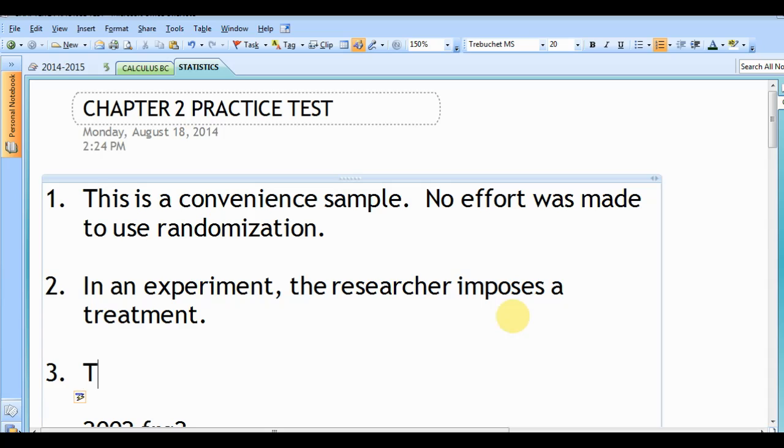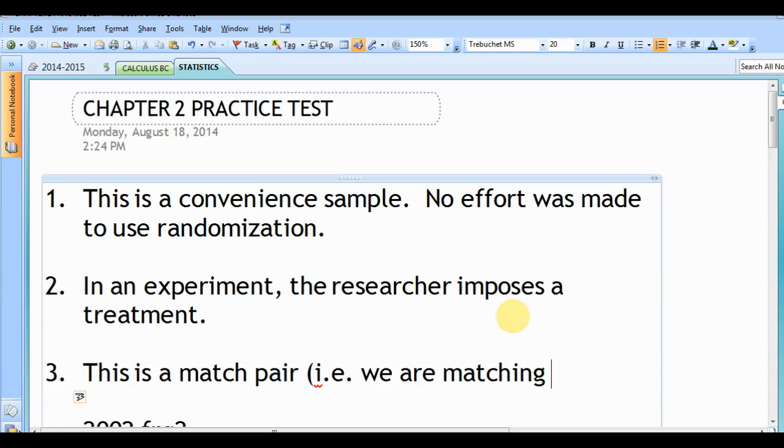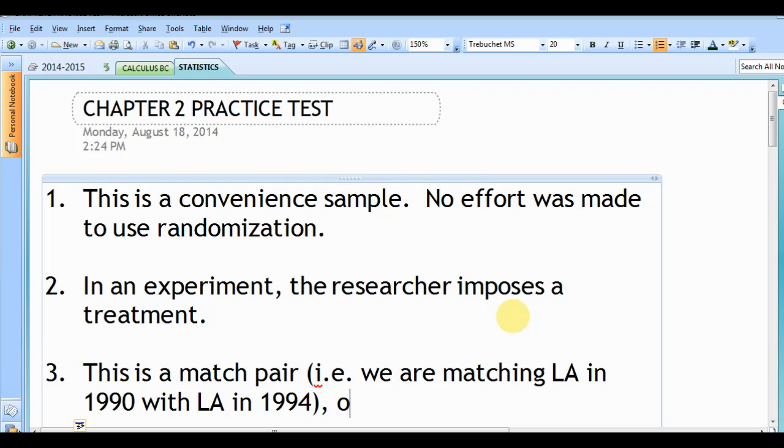Okay, this is a matched pair, i.e., we are matching Los Angeles in 1990 with Los Angeles in 1994. Matched pair observational study. That makes sense why that's an observational study then? Matched pair? Everything good?